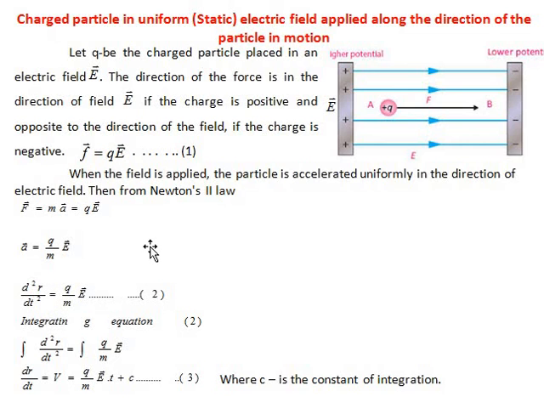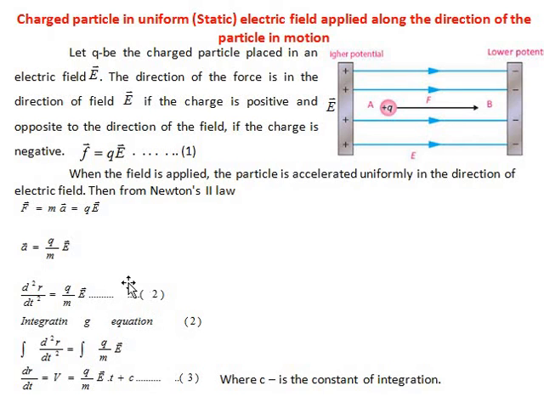It is the rate of change of velocity, dv by dt, or d square r divided by dt square, where r is the vector which represents displacement. So d square r by dt square, the acceleration, is equal to q divided by m into E. We call this equation number 2.